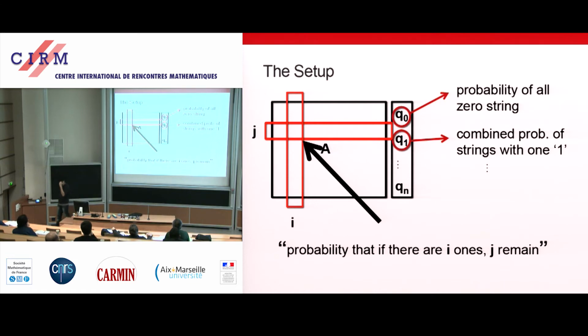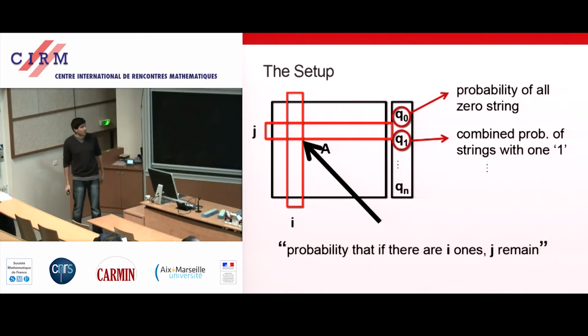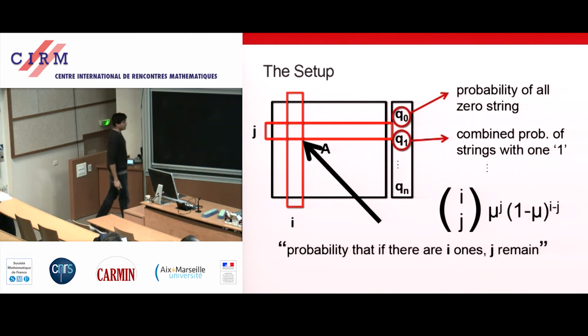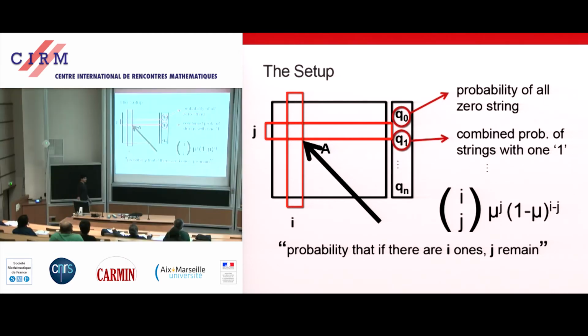Now the point is that this matrix represents the transition probability: the probability that the string you started off with, before you obliterated things, had i 1s to begin with, and then ended up with only j 1s, and the rest are zeros and question marks. So what that literally is, is the binomial coefficient, because you only care about what happens on the ones.